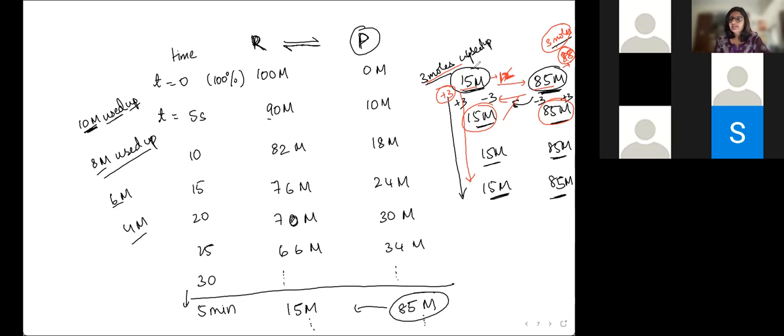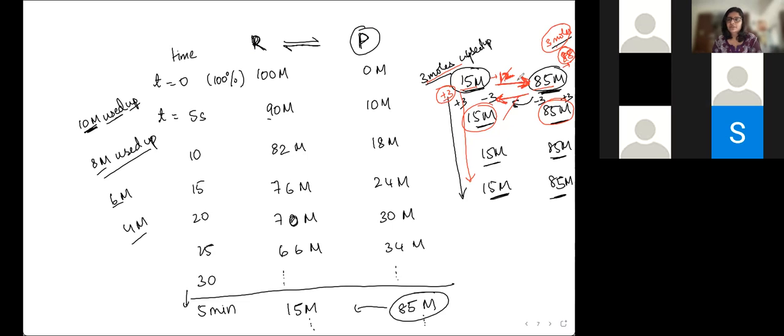However much reactant is used up to create the product, the same quantity will be used up to create the reactant back again. So the rate at which reactant is used up is equal to the rate at which the product is formed. All of these reactions are happening at the same time, instantaneously, no? So from the outside, if I measure the concentration, I won't get to see this +3 -3 happening.